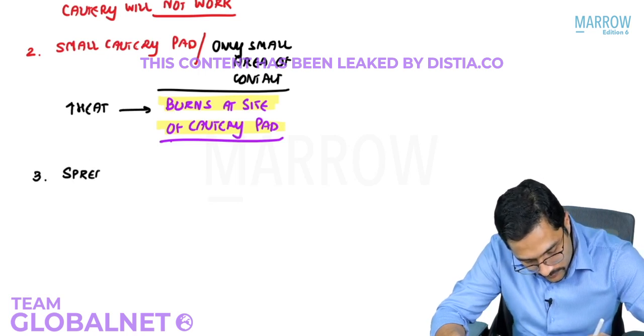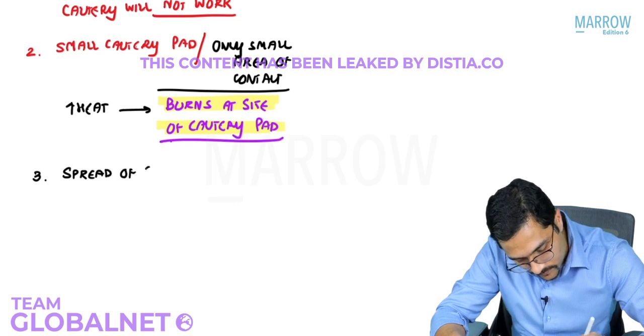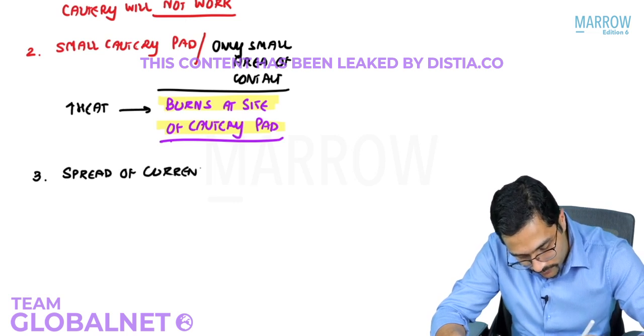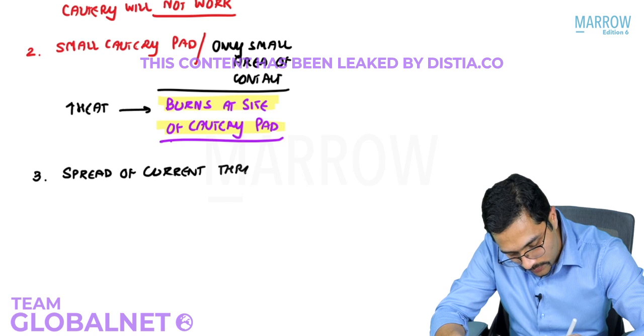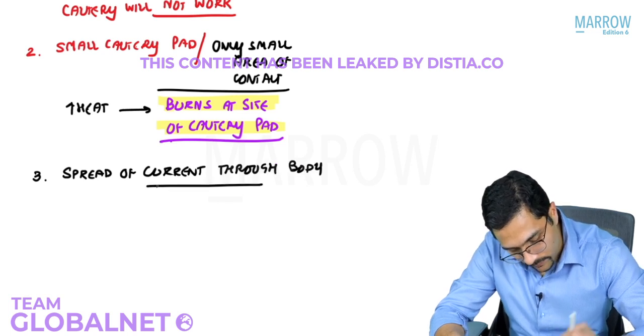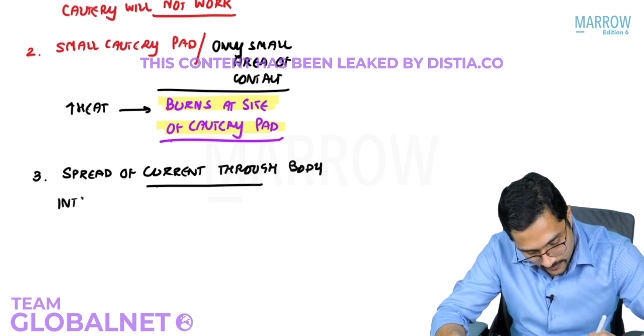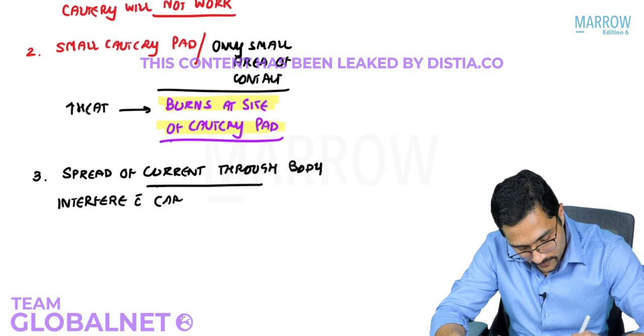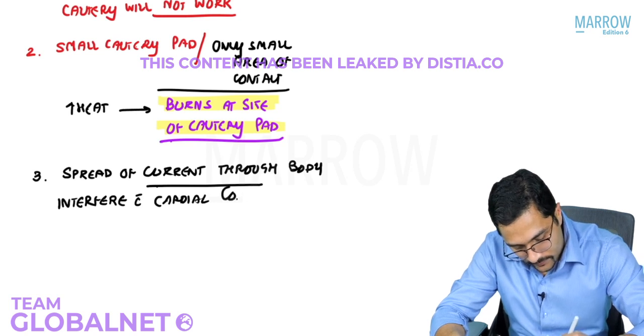Because there is spread of current through the body, this can interfere with cardiac conduction.